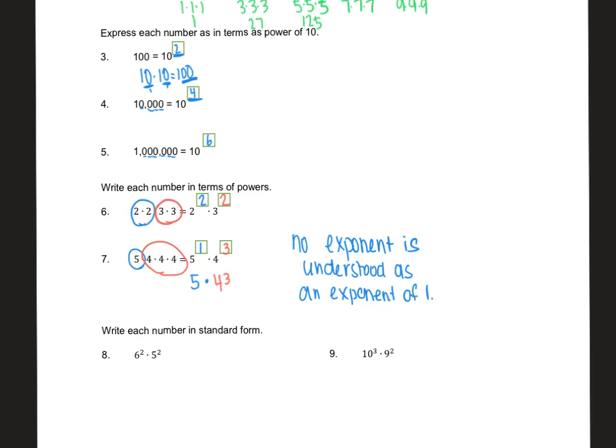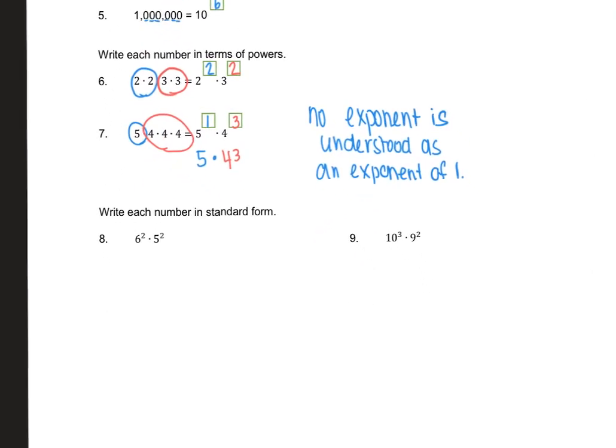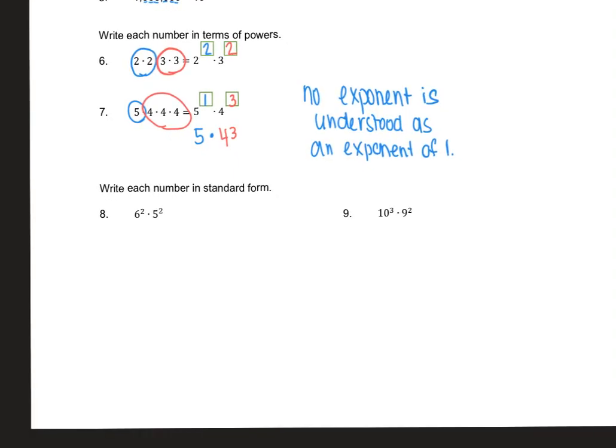Now, if we want to write each number in standard form, which is a fancy way of saying the numbers as we know them, so if we want 6 to the second times 5 to the second, what we're really saying is the opposite of what we just did. We're saying 6 times 6 times 5 times 5. Well, 6 times 6 is 36. 5 times 5 is 25.